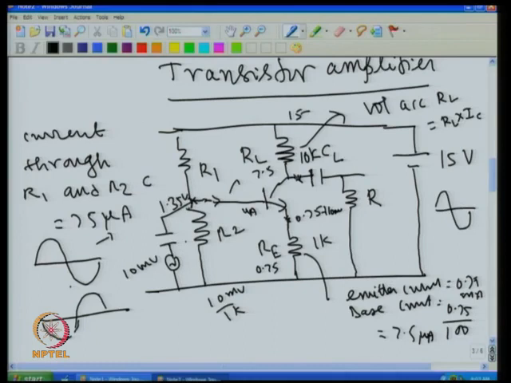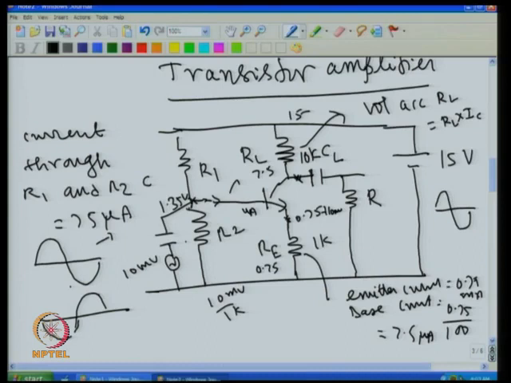Once this is fixed at 7.5, then I know the current through this, I know the current through this, then I know the resistance value, then I will fix this voltage, that is 0.75, then this voltage is fixed. Once this voltage is fixed, I will estimate the current here, then I will keep 10 times more current through this. So you know the voltage at this point, you know the current through this, then you can select R1, R2. So that is about the transistor amplifier.